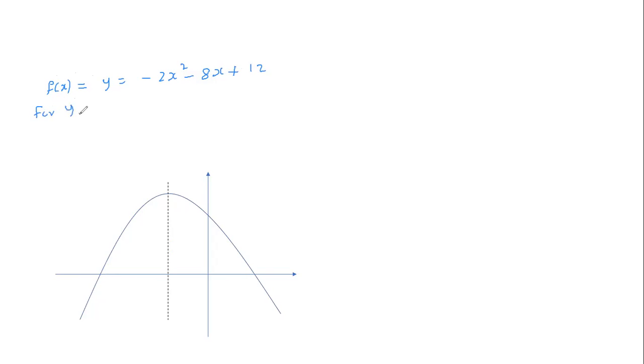For the y-intercept, set x to 0, then we get y equal to negative 2 times 0 square minus 8 times 0 plus 12, which is 12.